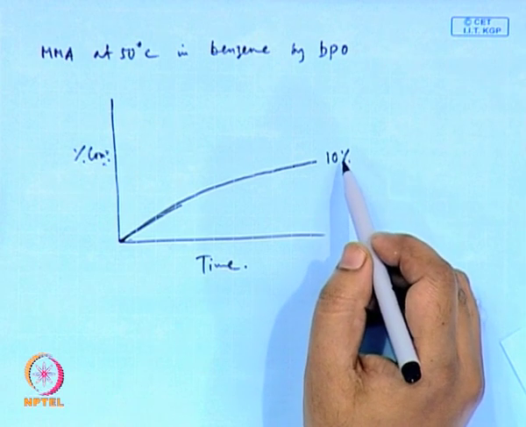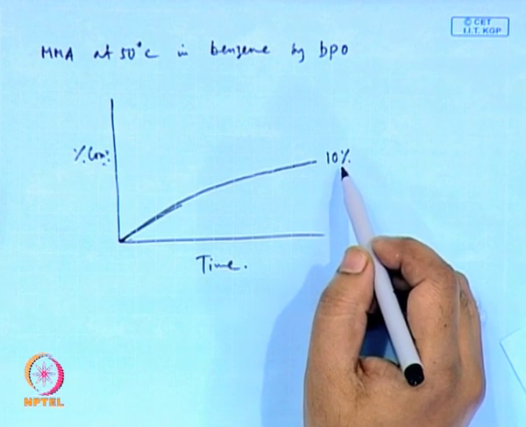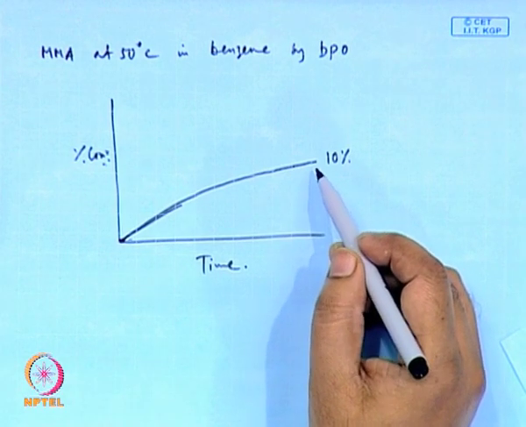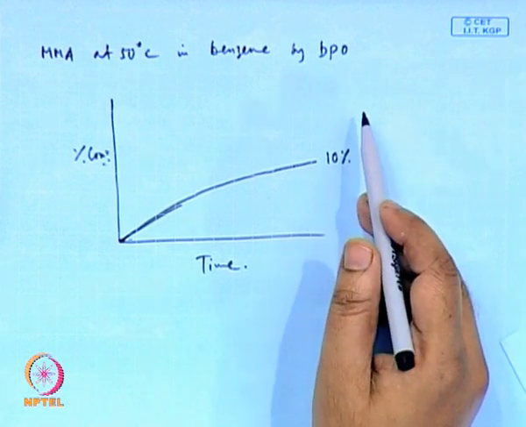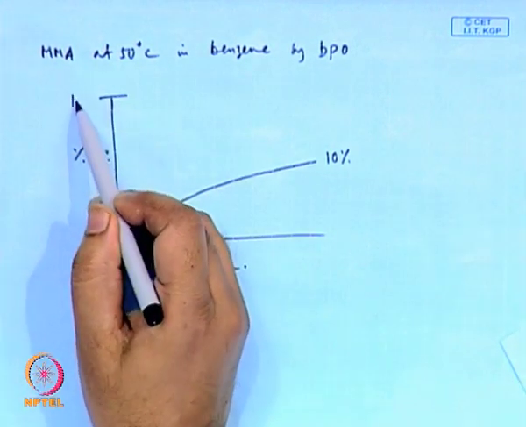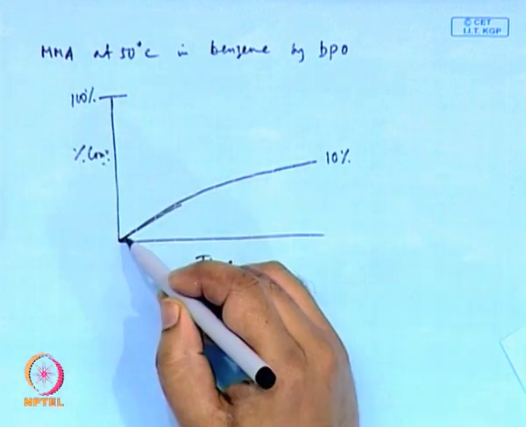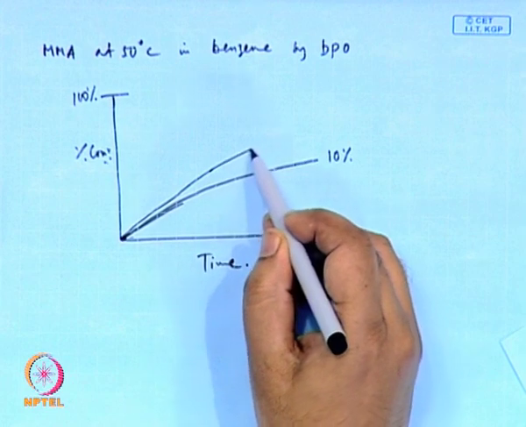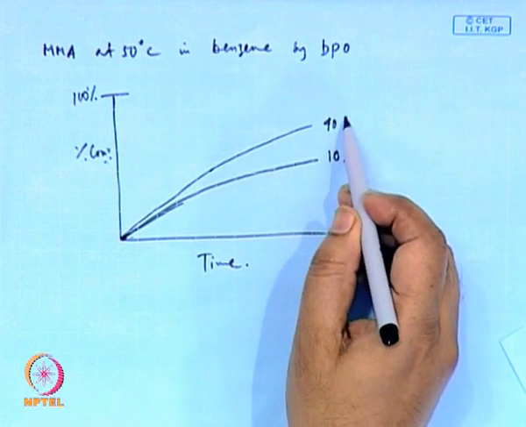With 10% monomer in the solution, the reaction is done in dilute condition, the heat management is very good, and viscosity is not high. So, no gel effect happens. If you do it at a little higher concentration, say about 40%, you get a curve like this.